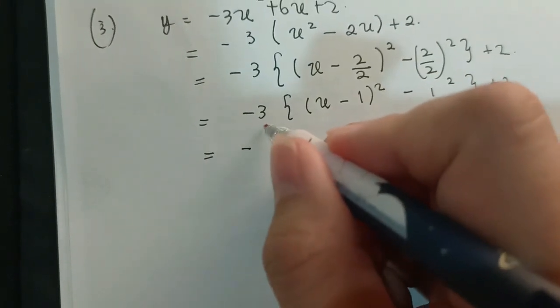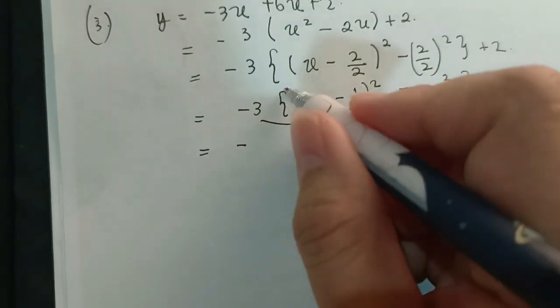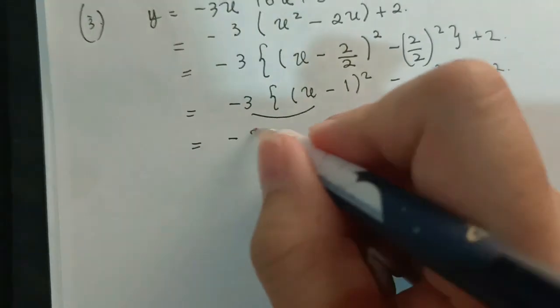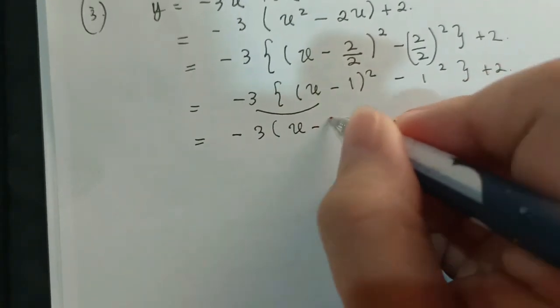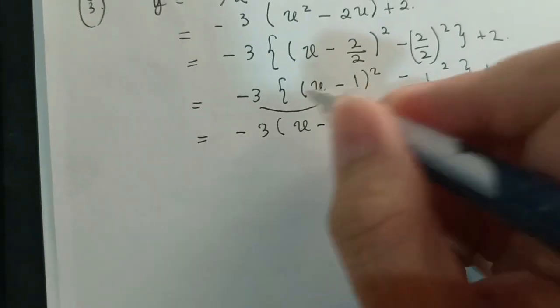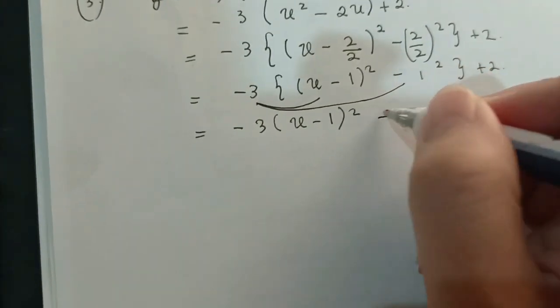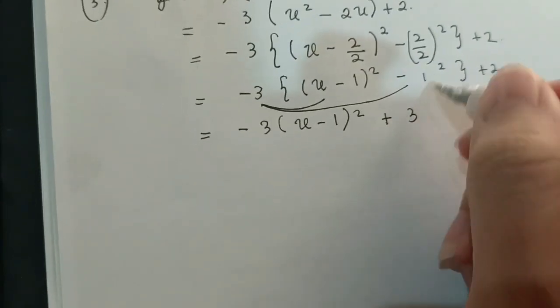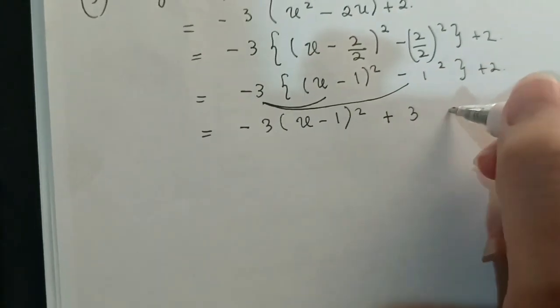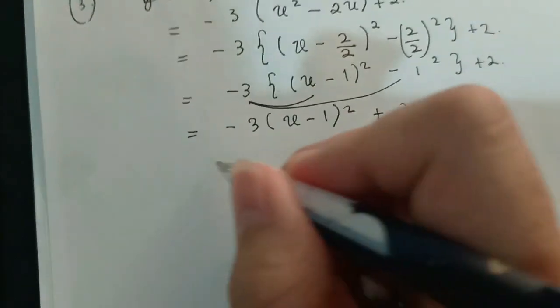We are going to multiply this one with this one to open the bracket. Minus 3 in the bracket, x minus 1 quadrat, minus 3 multiply minus 1 is plus 3, because 1 quadrat is 1, plus 2.